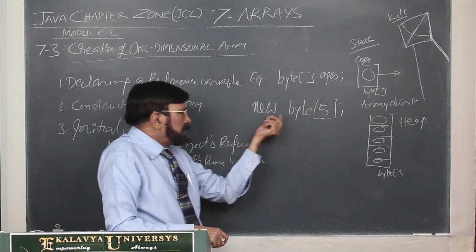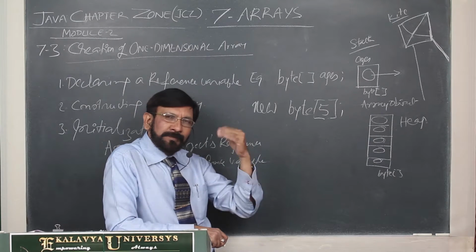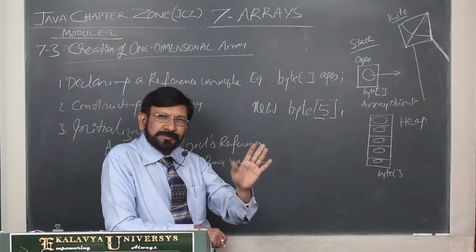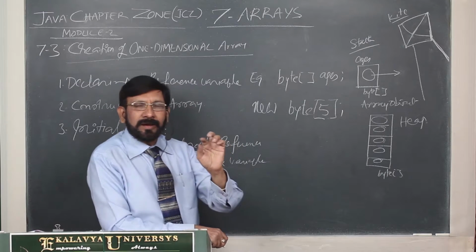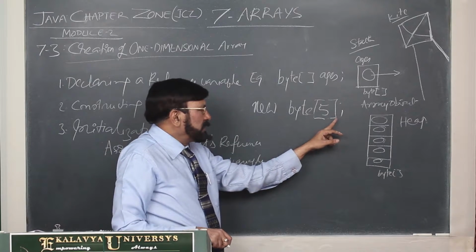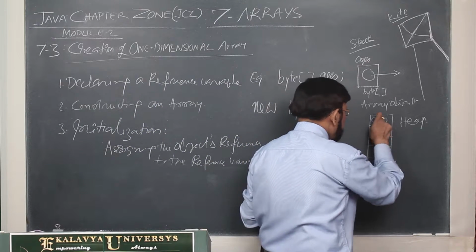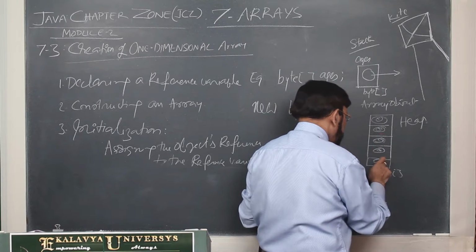Initialization means depending on the type, some default values are there. For all integer types, that means byte, short, int and long, the initial default value is 0. We haven't given any value so far. That's why the second operation of new is it fills all the elements with the default value.